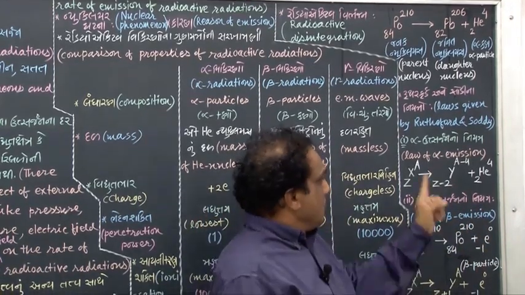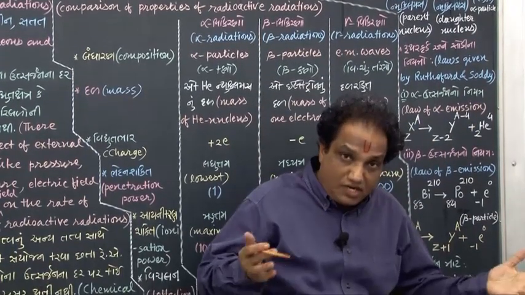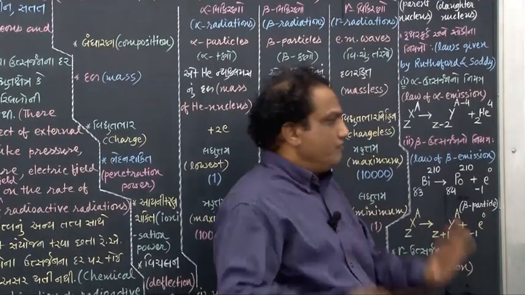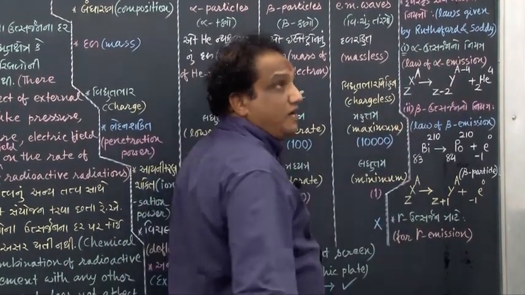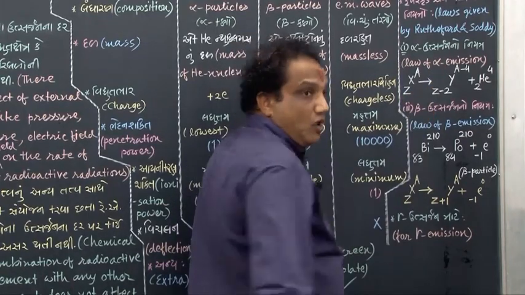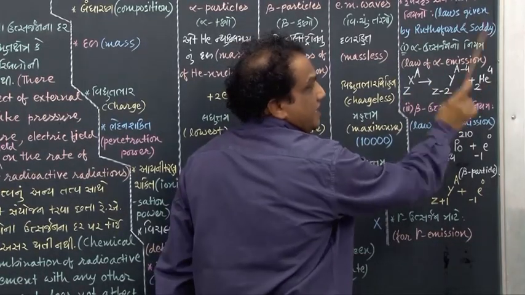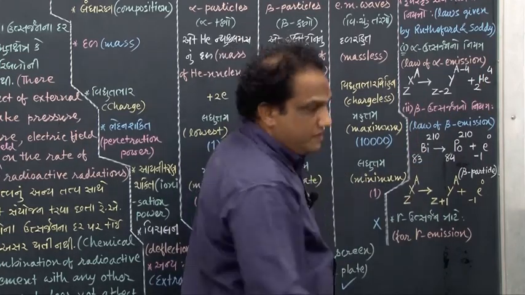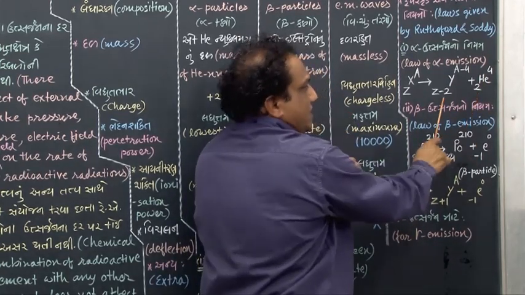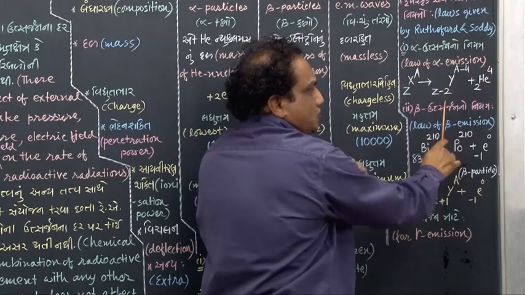Simple. Now let us write in general. In general, how would you express that reaction? Very simple. Symbolically, ZXA, suppose this is parent nucleus. It emits what? One alpha particle, that is helium nucleus, 2He4. Here what is the atomic number? Z. What is it here? 2. Then here you must write Z minus 2.